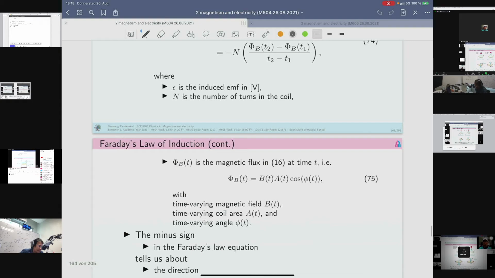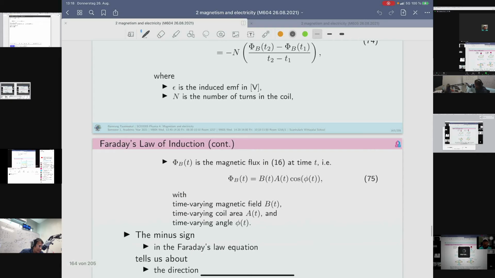So we have to consider the formula by Faraday, which is epsilon equals minus N delta phi by delta t.